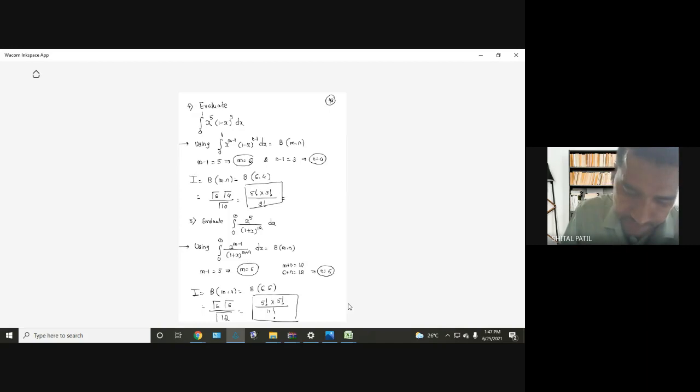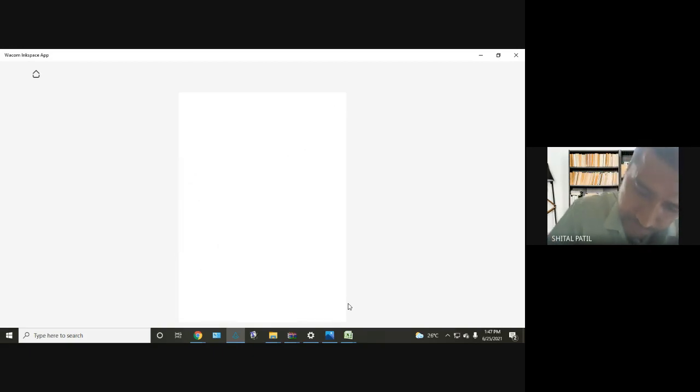Okay. Next example. Let me change the page. So this formula is to be used. Duplication formula.